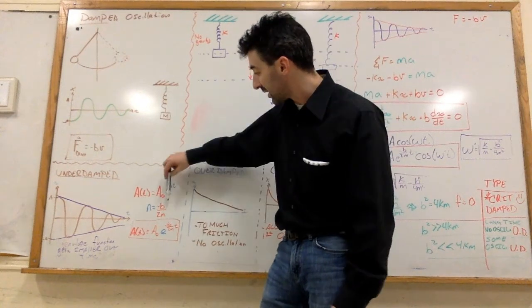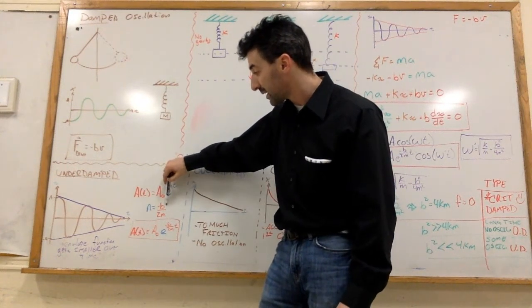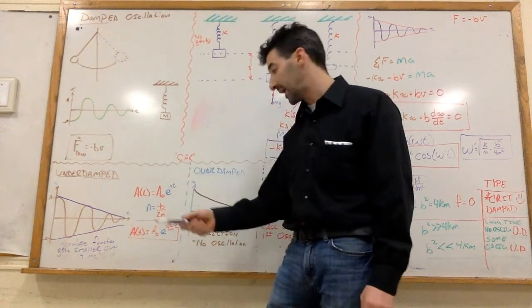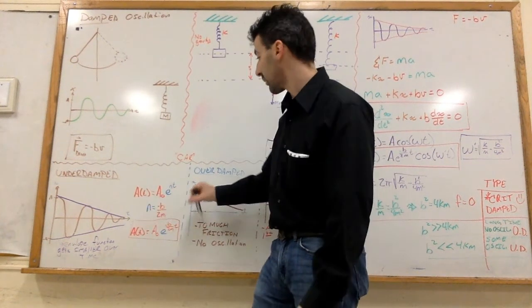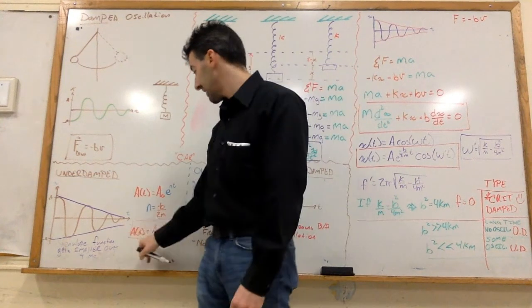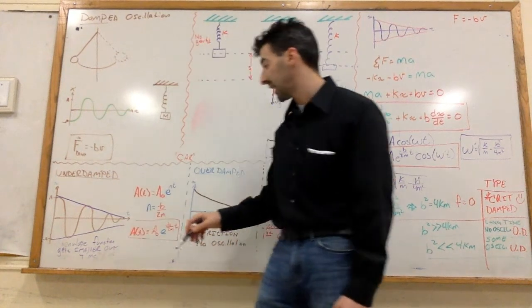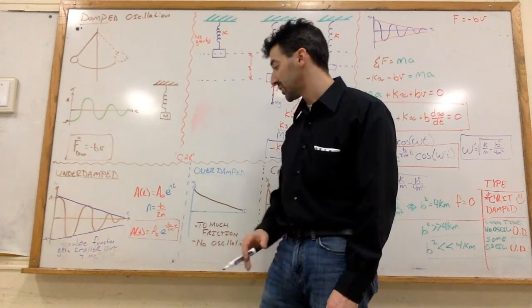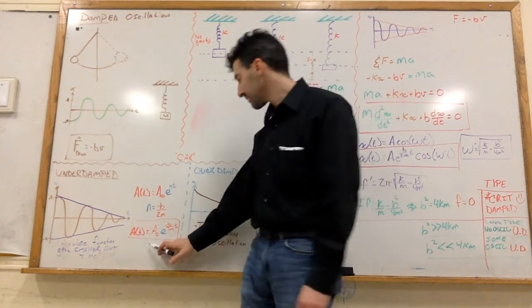So we can see here, if b gets very, very big, it's going to get negative faster, or slow down very, very quickly. So when I sub in my negative b over 2m, I have the amplitude for an underdamped oscillator at any time: A equals A naught e to the negative b over 2m times t.